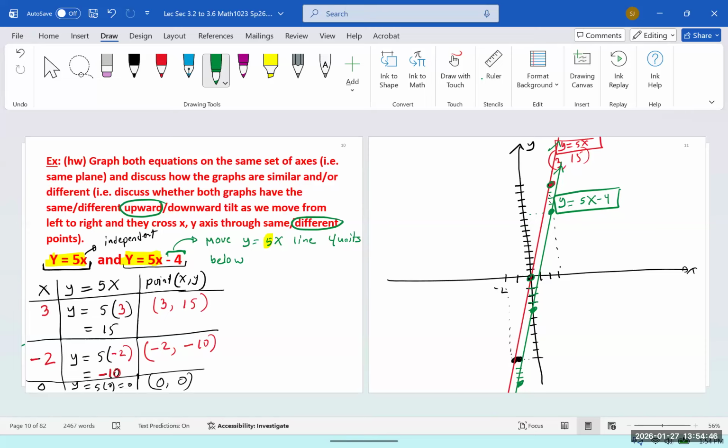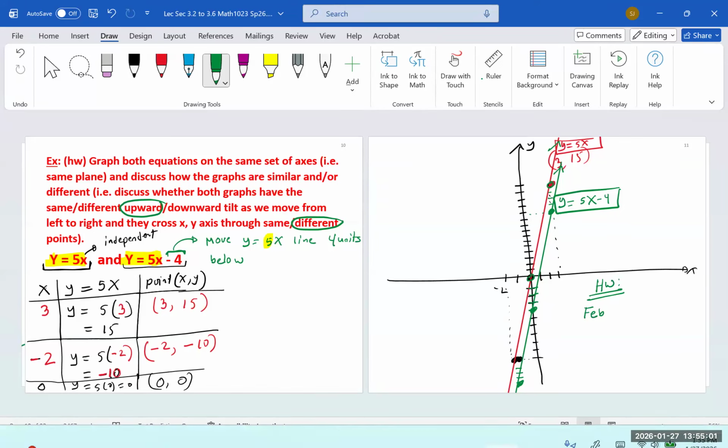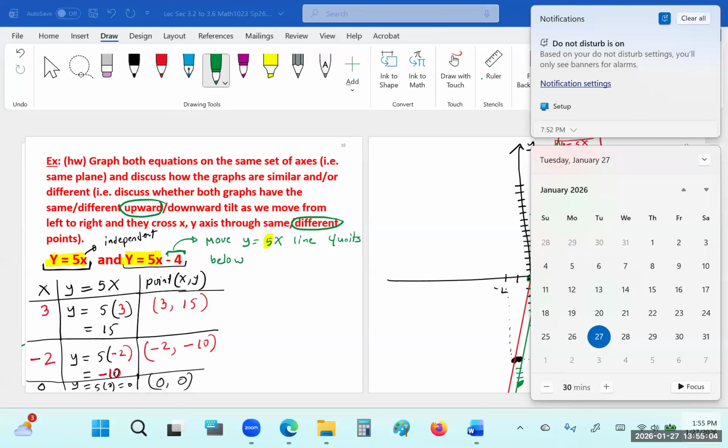So that's what I have to do in MyMathLab. Other things plus this. With this, you're done with section 2.2. So your homework. There will be one homework due next week, Tuesday, which is February 3.